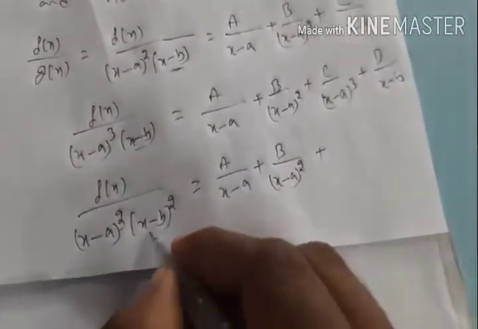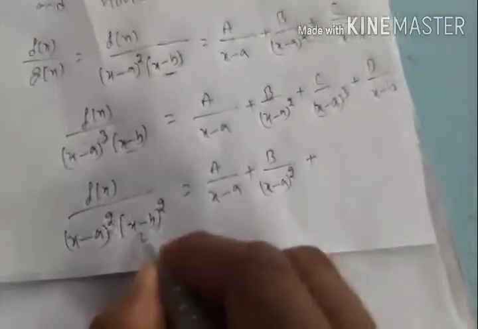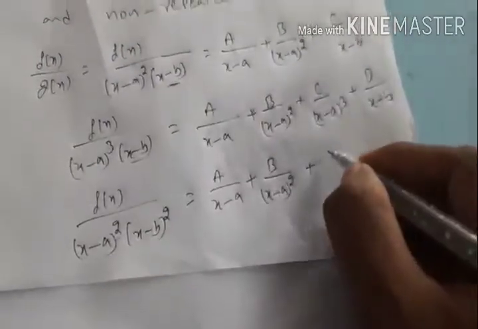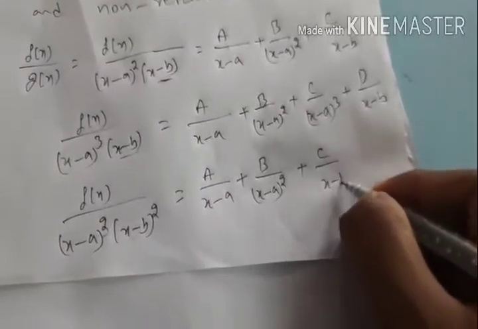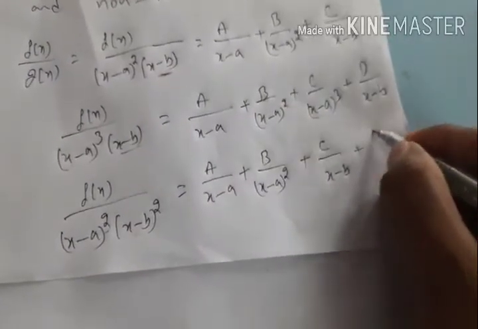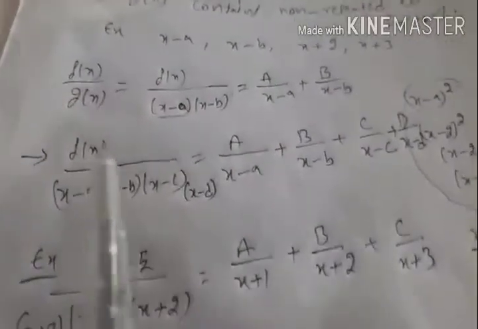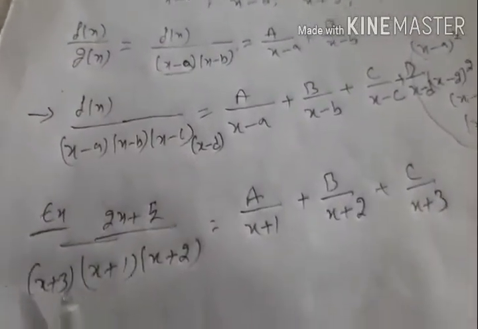The second factor x minus b whole square is also a repeated linear factor. Here c by x minus b and d by x minus b whole square. These are the methods for g of x with only non-repeated linear factors, and g of x with repeated linear factors.